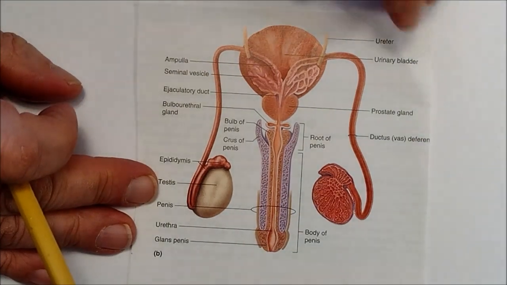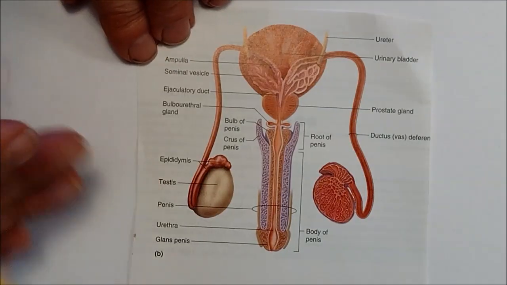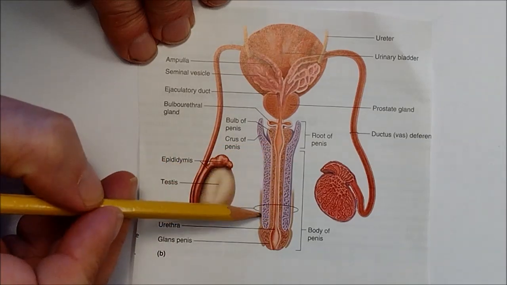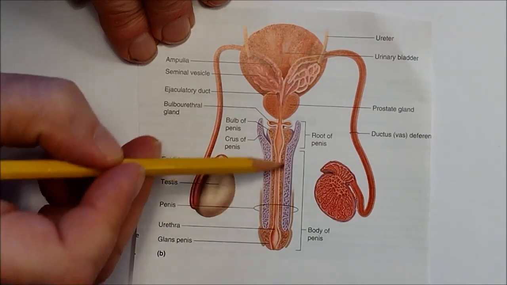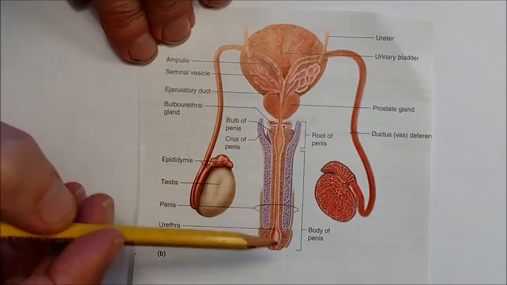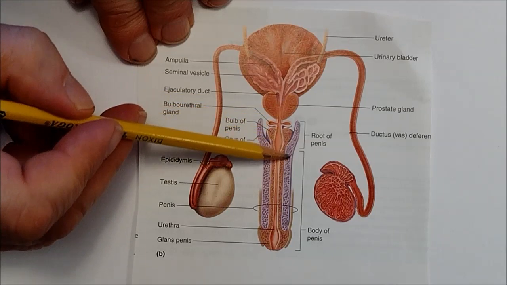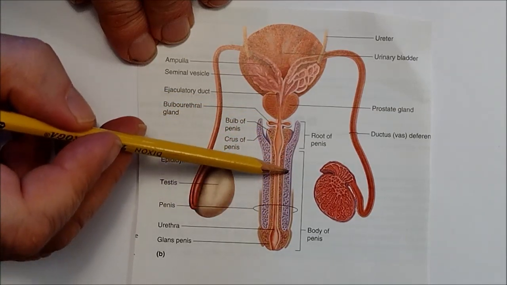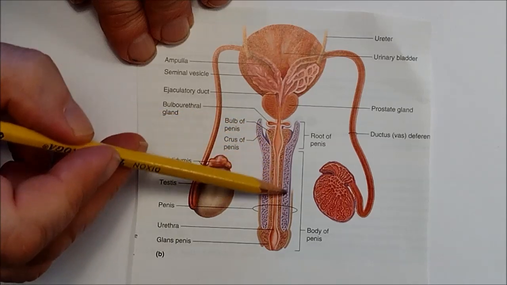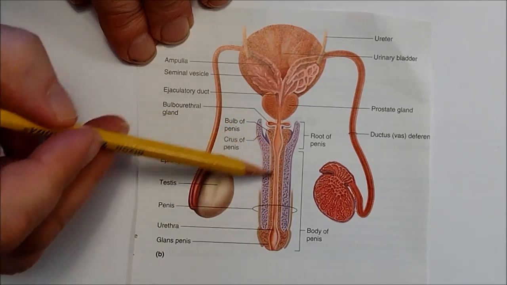All right. By the way, we're starting to see some specialized tissue inside the penis here. This is the erectile tissue. All right. And when the man gets sexually excited, blood rushes into this area. It's really a smooth muscle. And when the blood rushes in, it actually causes the erection.